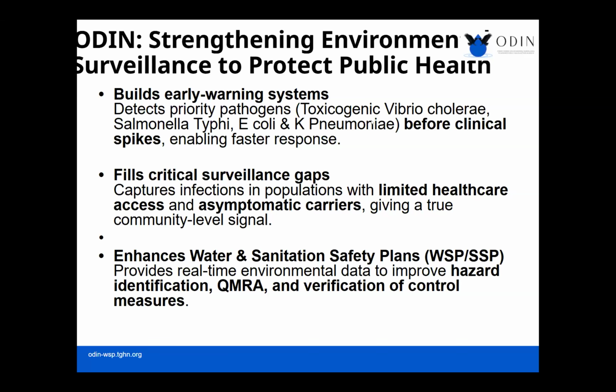A second point is that it will enhance the water and sanitation safety plans by providing real-time environmental data for hazard identification and QMRA, and also help to verify and control the measures put in place to mitigate these issues.